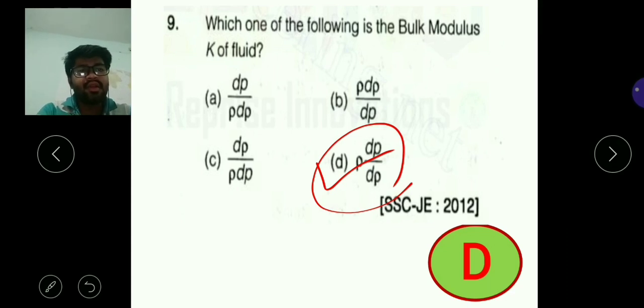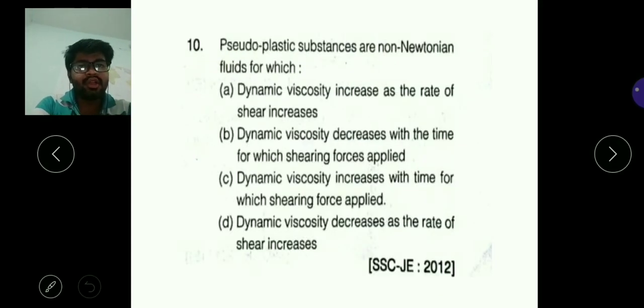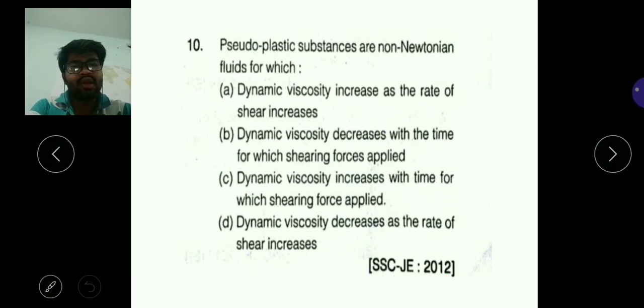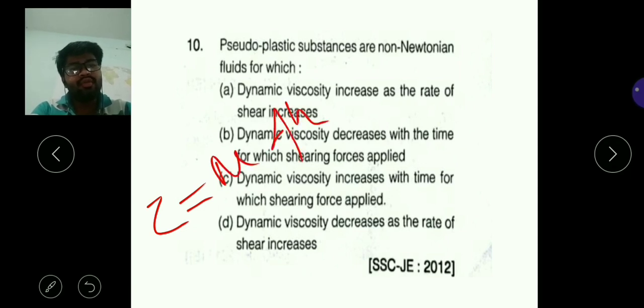Then question number 10: hydroplastic substances are non-Newtonian fluids for which what is happening? For hydroplastic substances, how does the flow occur? Stress is equal to mu (du by dy) raised to the power n, where n is less than 1.